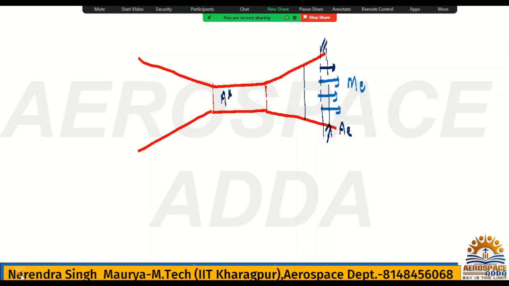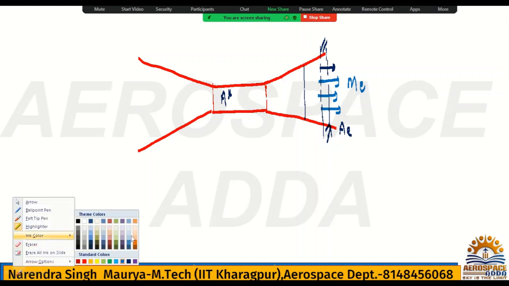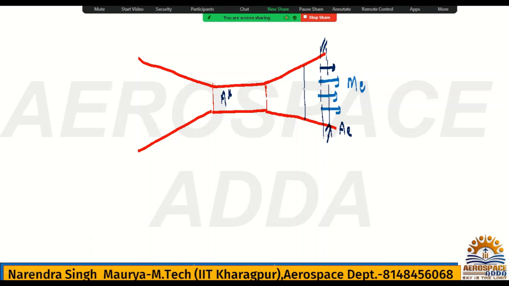But at the same time, it is observed that in the divergent channel you get a normal shock, or any shock. Always remember, in a convergent divergent nozzle only a normal shock will be formed.